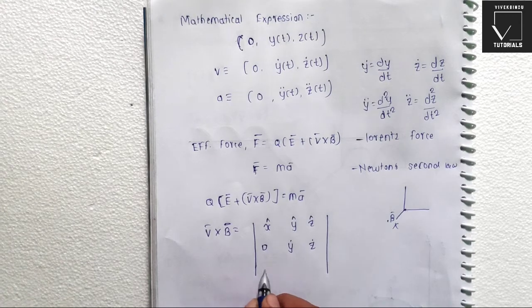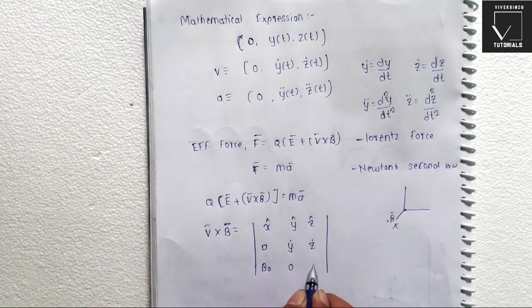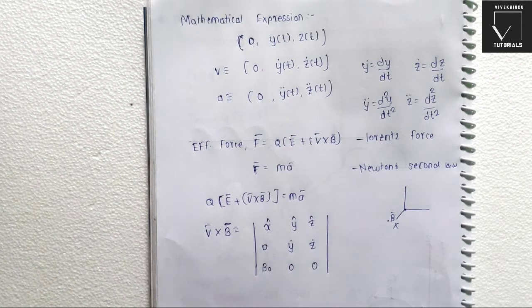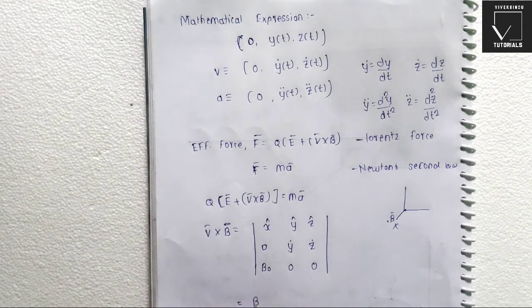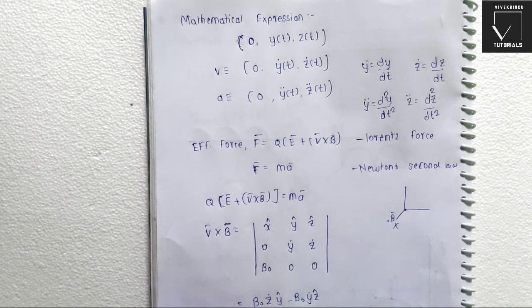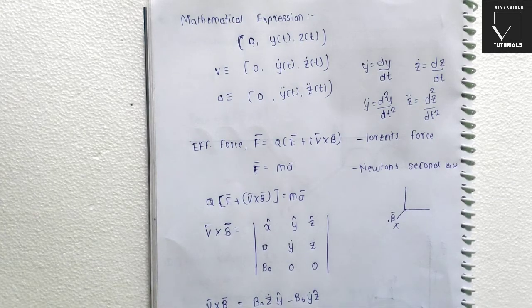So there is only an x component of the magnetic field, and the y and z components are 0. When we calculate this determinant, we get the term B0 z dot y cap minus B0 y dot z cap.